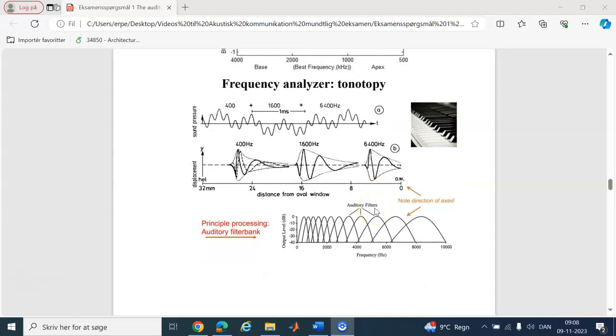To understand it, we are working with auditory filters with a center frequency and the spread of it. The bigger the center frequency, the broader the auditory filters. It's a way to explain what is happening.